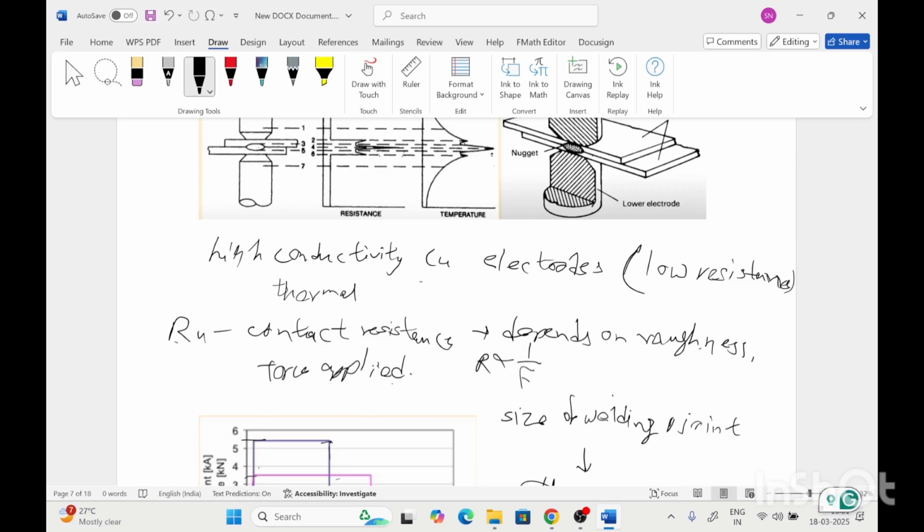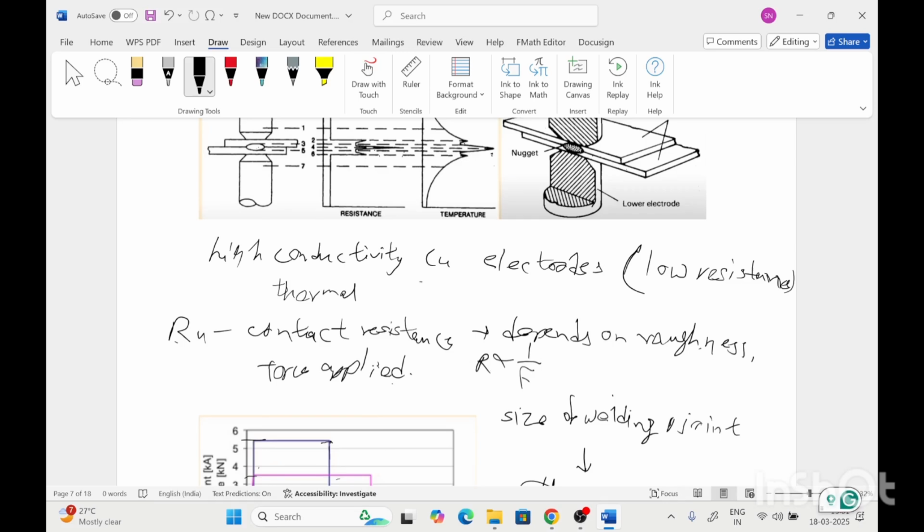If the roughness of the plates is high, that will result in an increase in resistance, and the heat generation will be high for a given current. And the resistance is inversely proportional to the force.